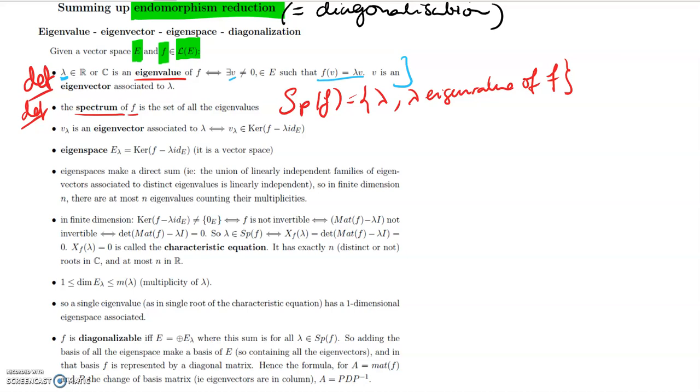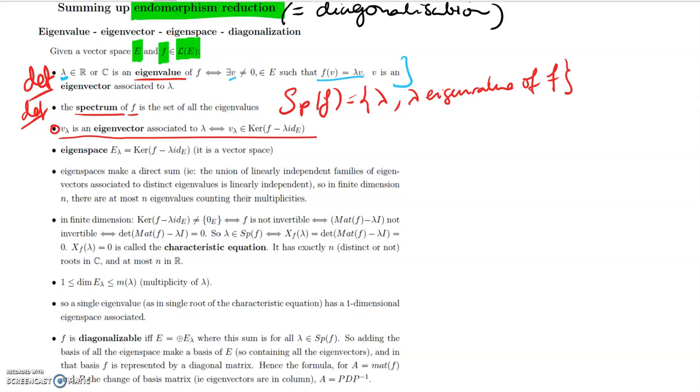Okay, so next point here, it's more of a property, but it's a very direct property. We said that we have an eigenvector that is associated to lambda. It means that this eigenvector belongs to the kernel of f minus lambda times the identity. Okay, or think matrices, null space of your matrix minus lambda times the identity matrix.